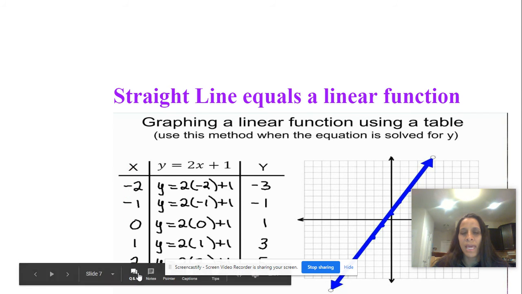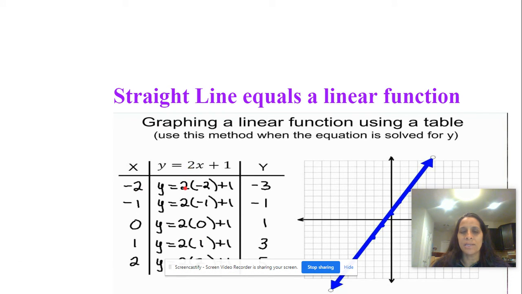They gave you some x values. You plugged it into this function and you were able to get some y values. So let's go over this real quick. If x is negative 2, I'm going to say 2 times negative 2 plus 1 will give me negative 3. Okay? And you can analyze this function table to help you create the line to the right.